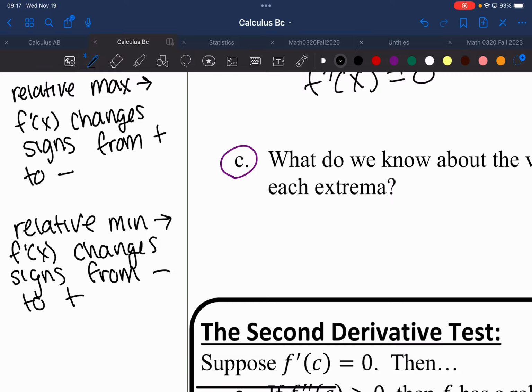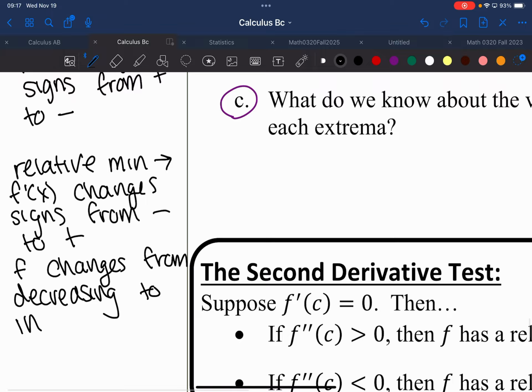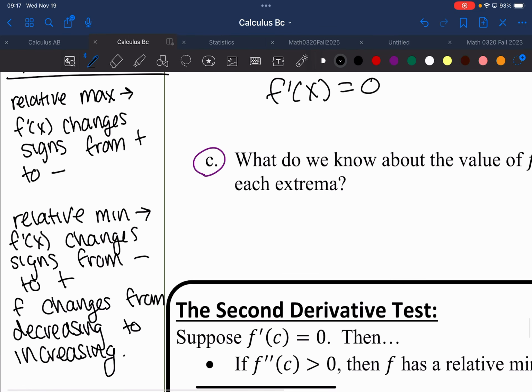So we can even relate this further to the function. We would say that f changes from decreasing to increasing. And the opposite would be true for relative max.